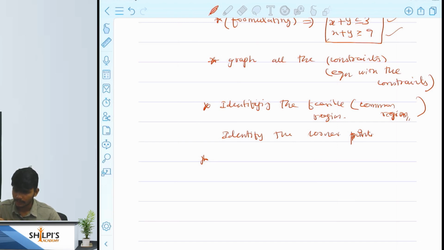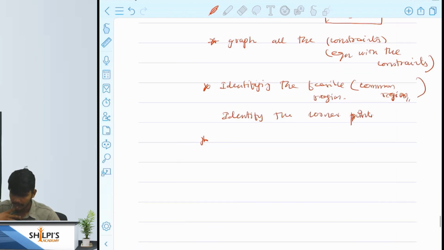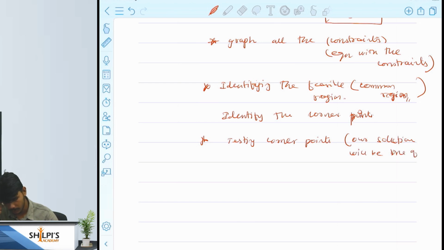What we will do for this point now, I am going to write this as testing the corner points. Why are we testing now? Our solution will be one of the corner points.